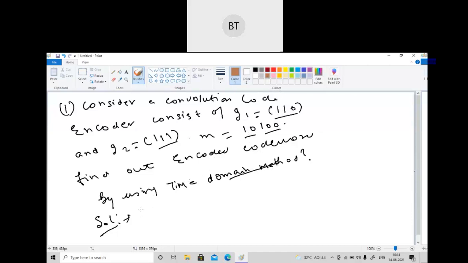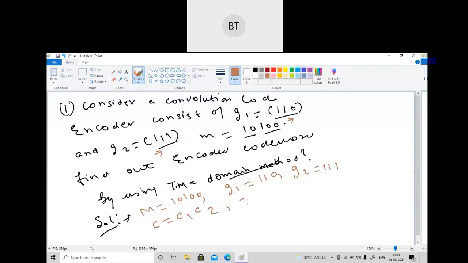First of all, what we will write? We will write the message signal, which is 10100, and then the G1 code, 110, and G2, 111. From there we can find the code word. The code word will be C1 and C2, because two generators G1 and G2 are given.